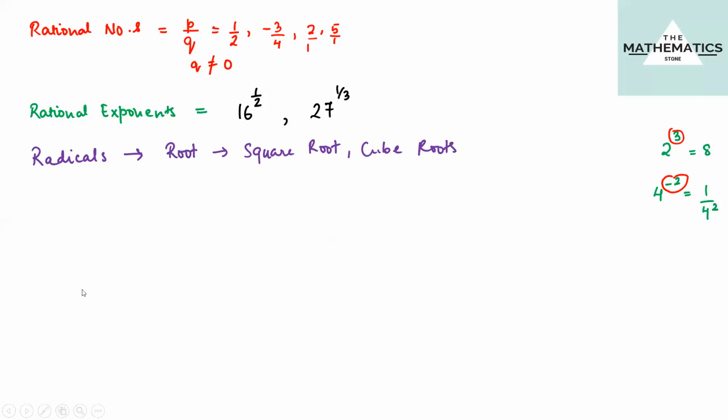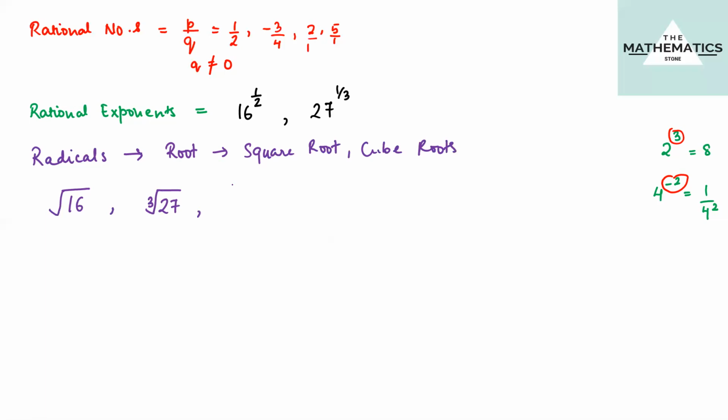You have heard of these terms. And how do we represent a square root? So if I want to find out square root of 16, I write it like this. This means square root of 16. If I want to write cube root of 27, I will write it like this. This little 3 represents that we are finding cube root of 27.